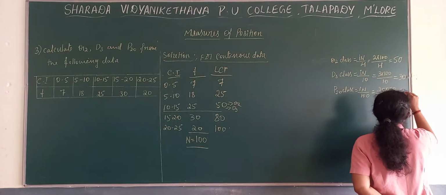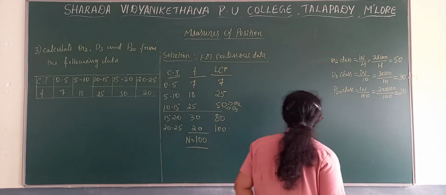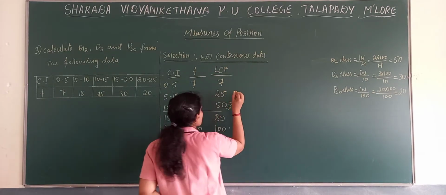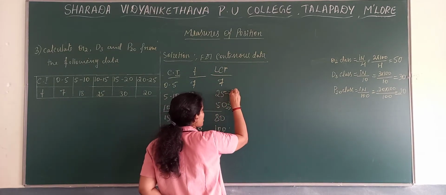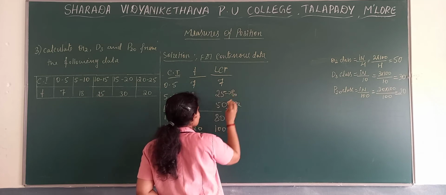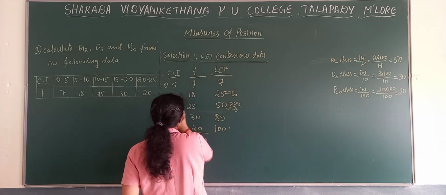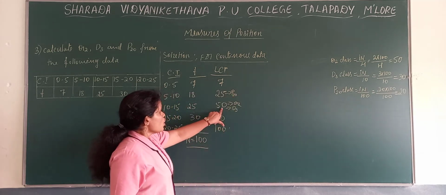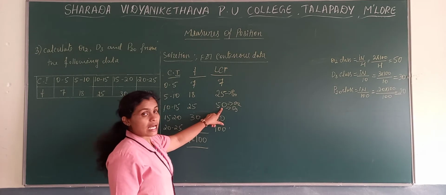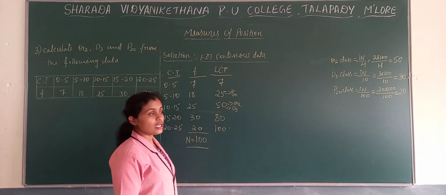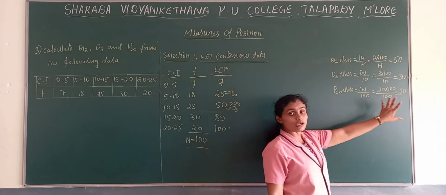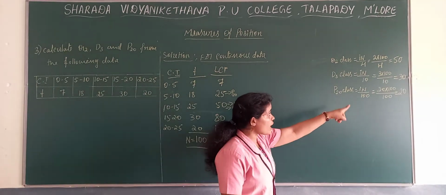You get the value here as 20. So where will it fall? P20 will fall here. So this is your P20 class. So you define the Q2 class, D3 class and P20 class. So this is the formula to define the classes. What value do we get?